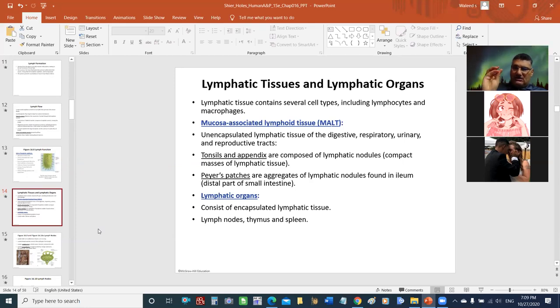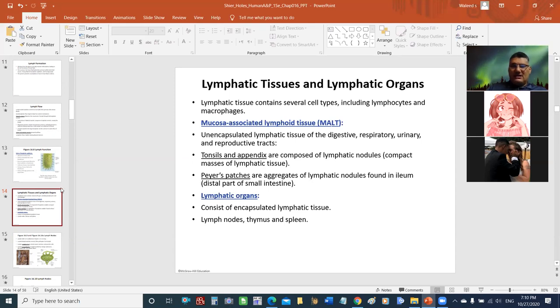Like the lymph node is a lymphatic organ. Why? Because it's lymphatic tissue surrounded by a capsule. Spleen, thymus, all of these are lymphatic organs. It's a complete organ. It's all these tissues that are surrounded by a capsule. If you have just a little bit of tissue, we call it lymphatic tissue.